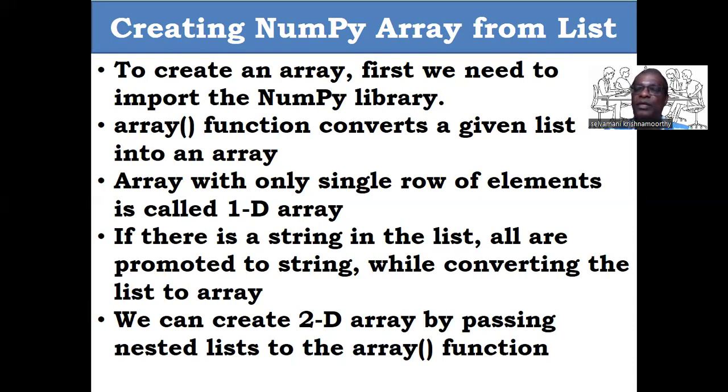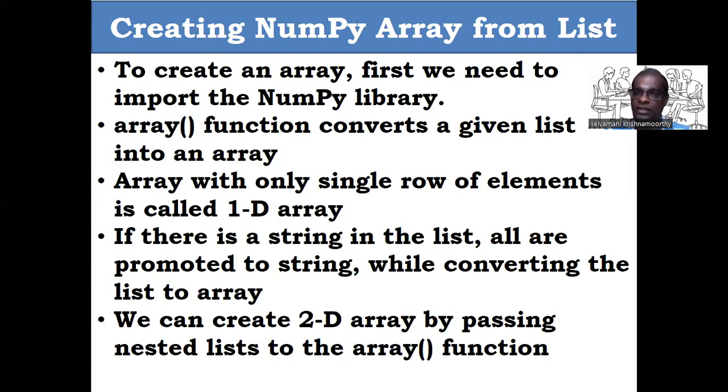Even though one element in the list is a string, when the list is converted into an array, all elements of the list will be promoted to string. That you must understand. We can create a 2D array, a two-dimensional array, by passing a nested list. A single list means a one-dimensional array. A nested list, where the list contains another list, can be converted into a two-dimensional array.